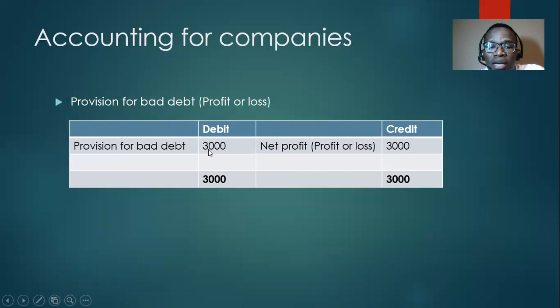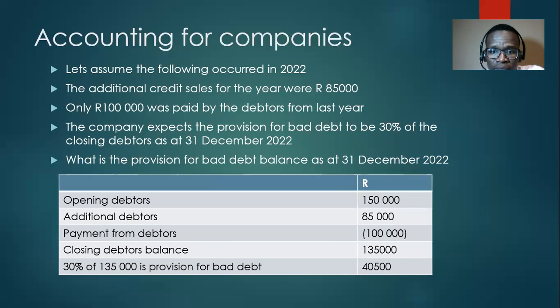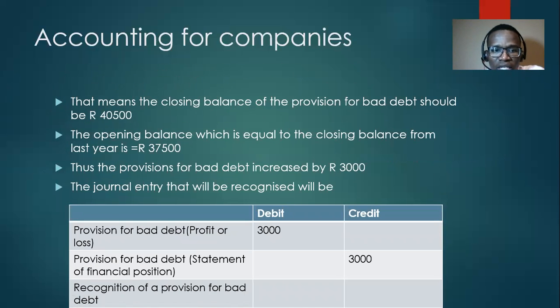Same concept, just becoming an expense, that movement. Opening balance last year, closing balance this year. This is where that 3,000 comes from. We said the provision for bad debt, that contra account, is going to be 40,500. Last year it was 37,500. So it means the difference is what? 3,000.